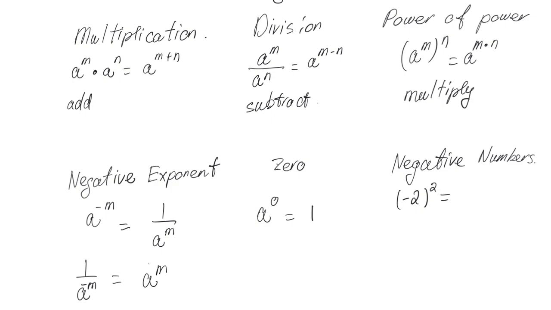So (-2) squared will mean -2 times -2, the answer will be 4. And if we do not include the parentheses, that means the base is not -2. We put the negative at the front. It will equal -4.